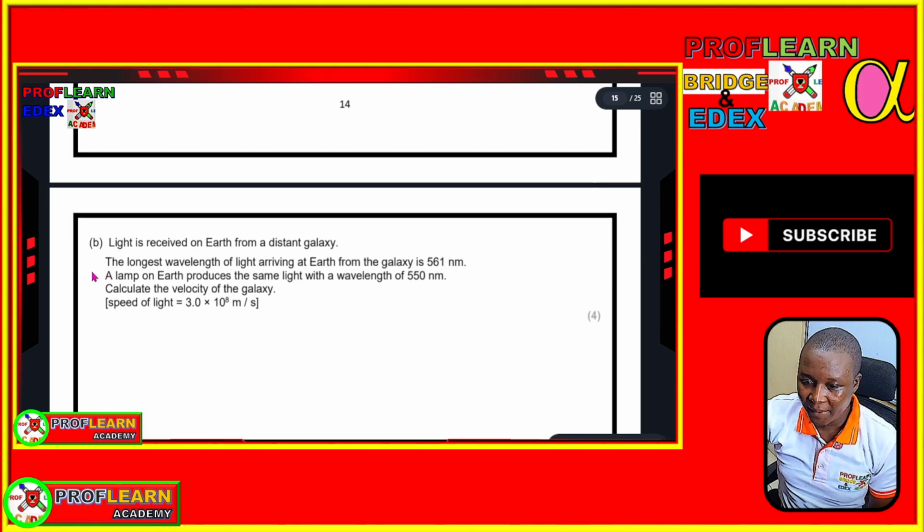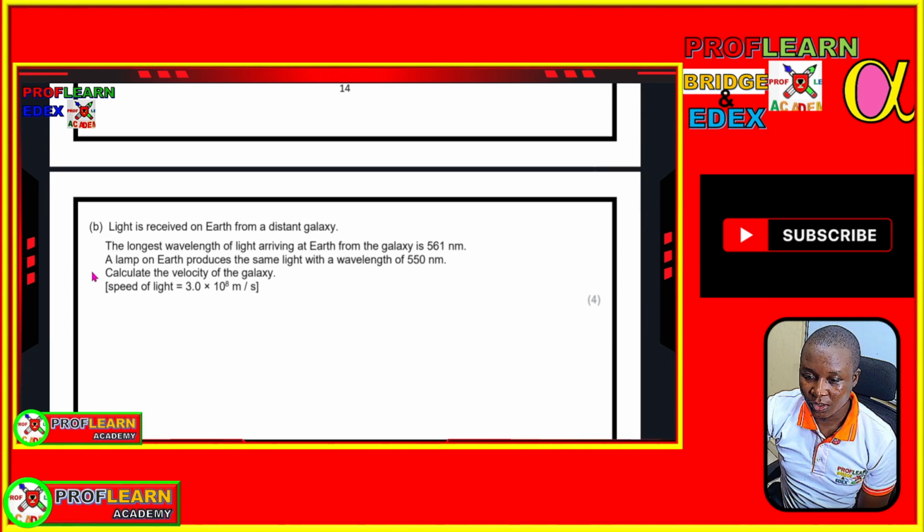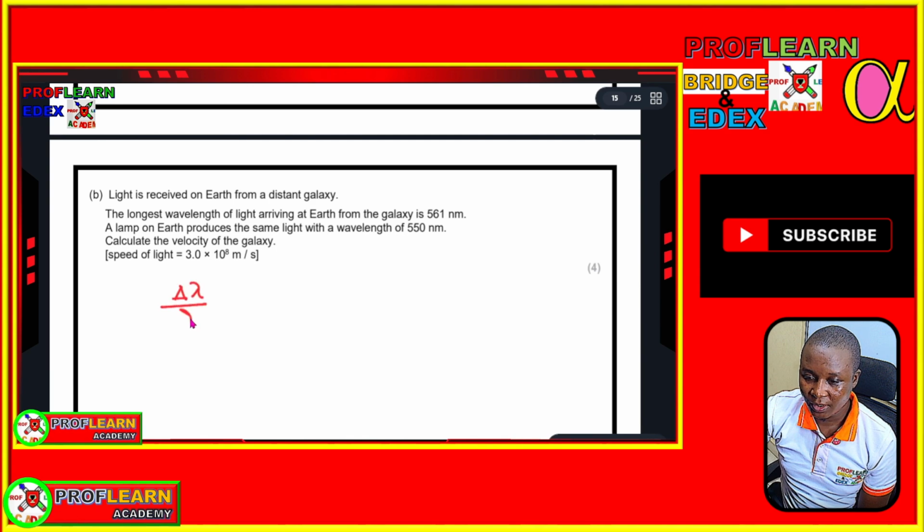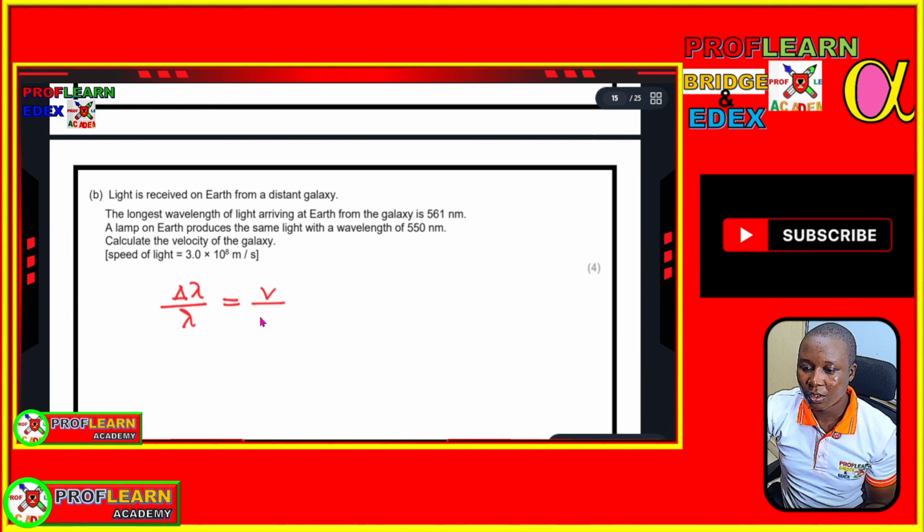Now we are supposed to calculate the speed of the galaxy. We're going to use this formula: change in wavelength over wavelength on Earth in the lab equals speed of the galaxy over the speed of light. We are told that the longest wavelength of light arriving on Earth from the galaxy is 561 nanometers.